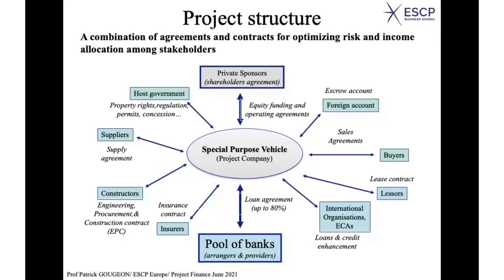So if the project company defaults, there is a guarantee for the lessor because he owns the equipment and he can take the equipment back. That's the reason why it is often used for aircraft: if the airline company is going bankrupt, the lessor can take the aircraft back and later lease it to another company looking for an additional aircraft.